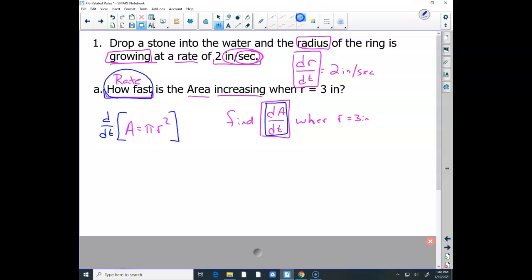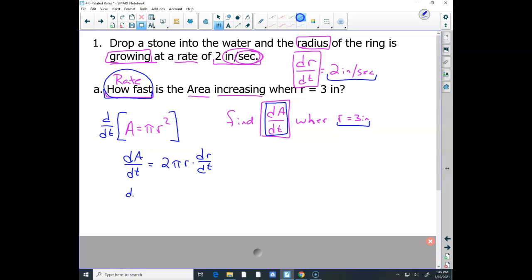And what this is going to give me is dA/dt equals 2 pi r times dr/dt. And if I need to know what dA/dt is at the instantaneous moment when the radius is 3, and I know the radius changes at 2 inches per second, well, this is kind of cool. And it's really cool because everybody forgets to put their units on there.